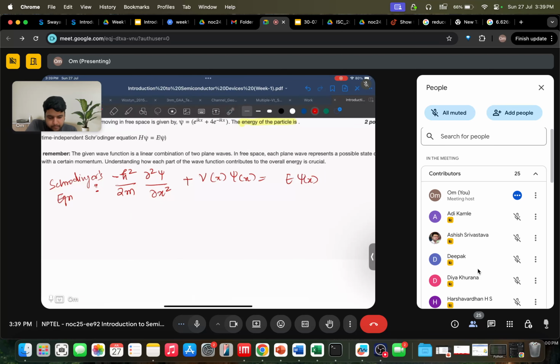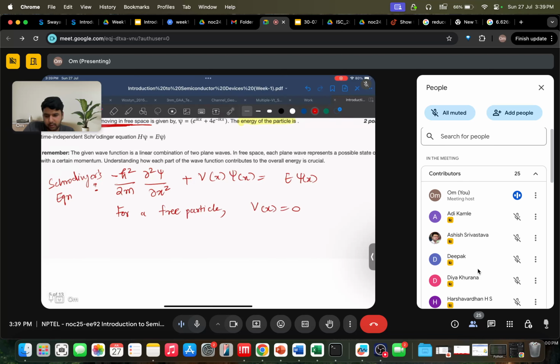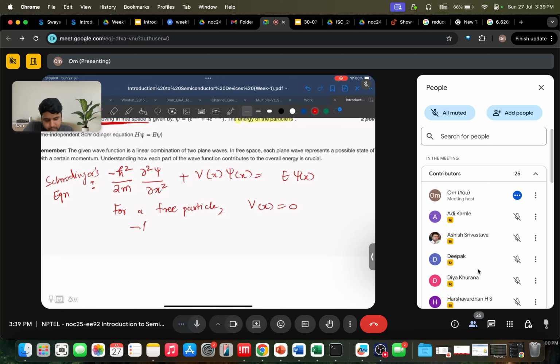So for a free particle, moving freely in free space, V of x is 0. There is no external potential stopping it. So your equation becomes minus h cross square by 2m del 2 psi by del x square equals E psi.